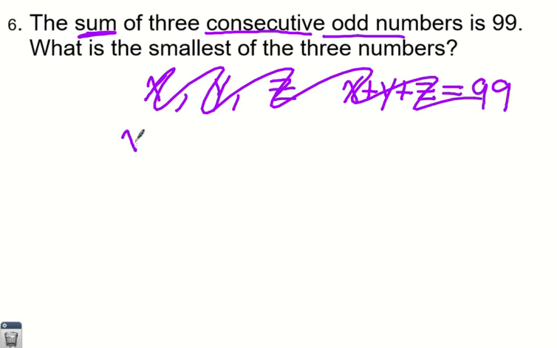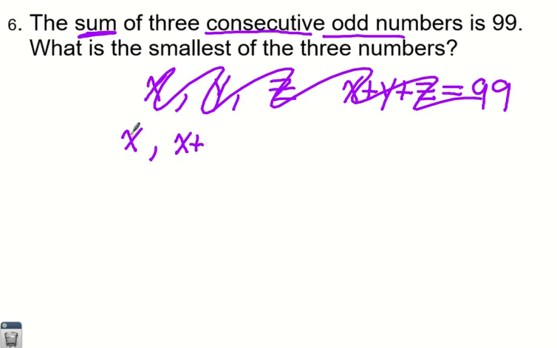So how about we say, if the first number is X, now look, the next number is not something totally random. It's the next higher odd number. So wouldn't the next number be X plus what?